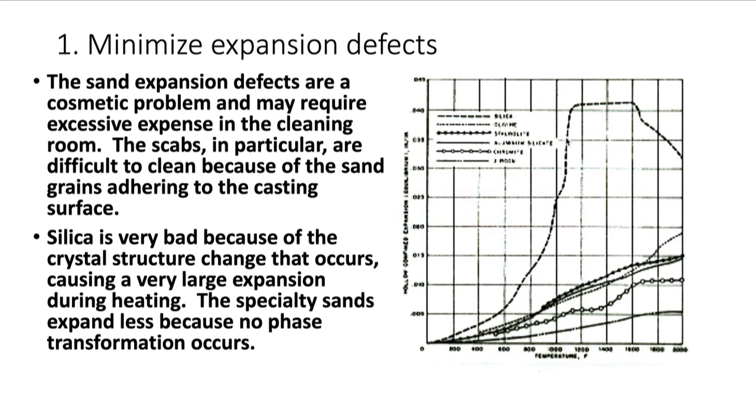Well, what's going on? Silica is changing its crystal structure. It's going from its normal crystal structure to something called cristobalite, and there's a couple bad things about that. First of all, there's a huge expansion during heating.